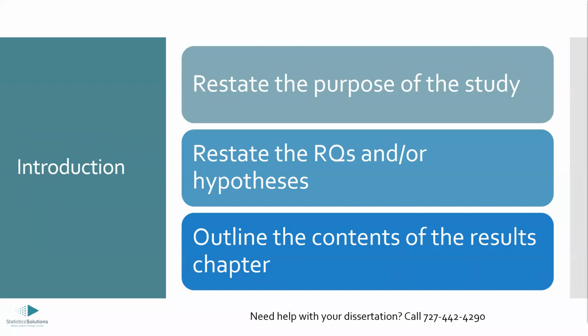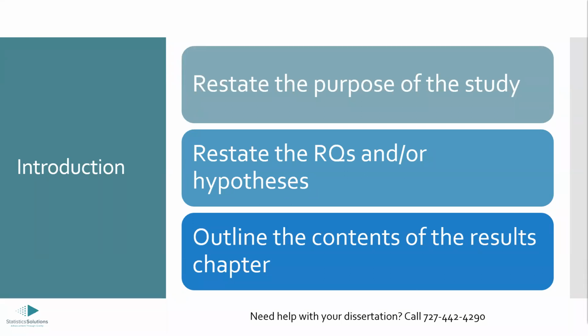Now let's get into the components of the chapter. It starts off typically with an introduction, like most other chapters in the dissertation. In the introduction, you just want to restate the purpose of your study and your research questions and hypotheses, just to reorient your reader to the objectives of the study. And then you can just outline the contents of the results chapter.